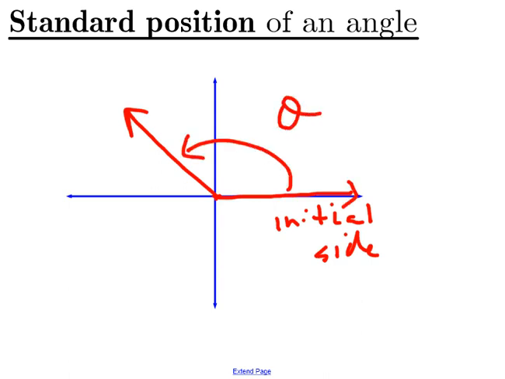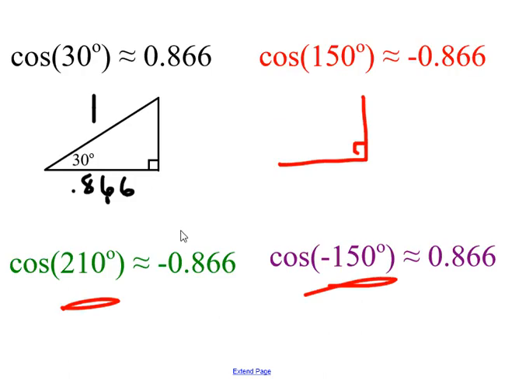Boom. And we're still not sure how we get trig ratios off that. I don't think we're going to quite get there today, but we're going to take the next step. So the next step is to learn about this thing called the reference angle. Because it was also curious up here that all these had similar size ratios, but some were negative, some were positive. Not sure why that happened. So we're trying to figure that out.